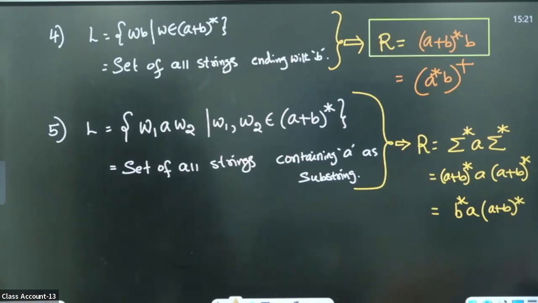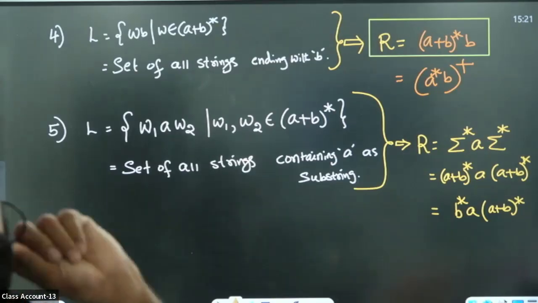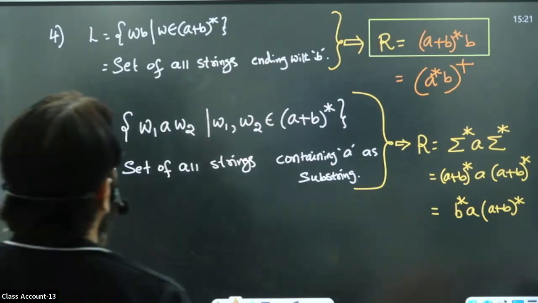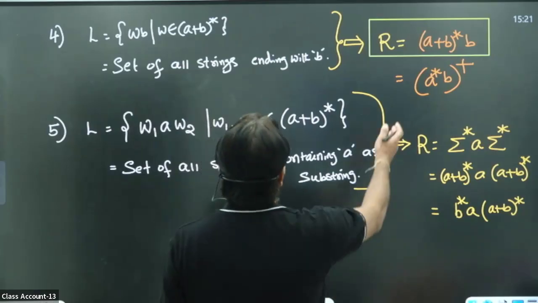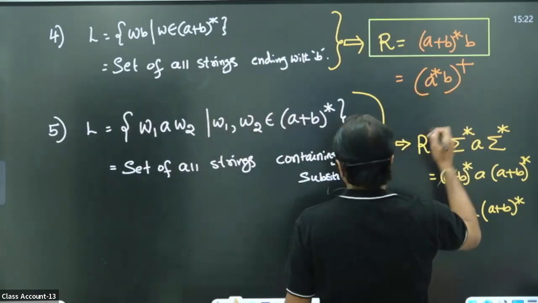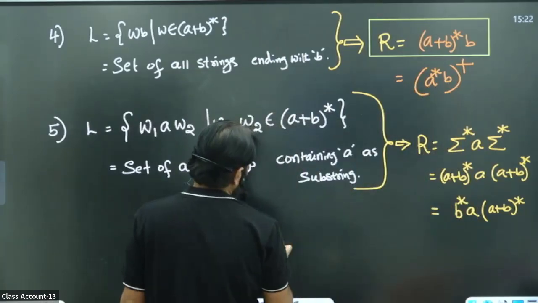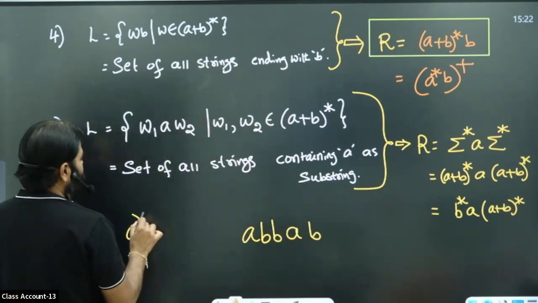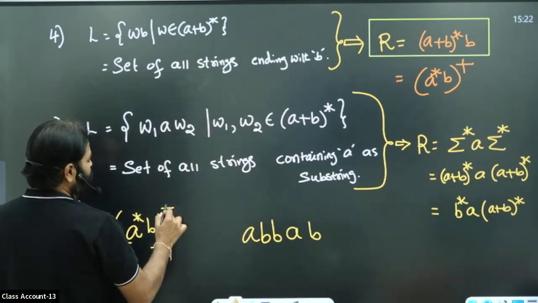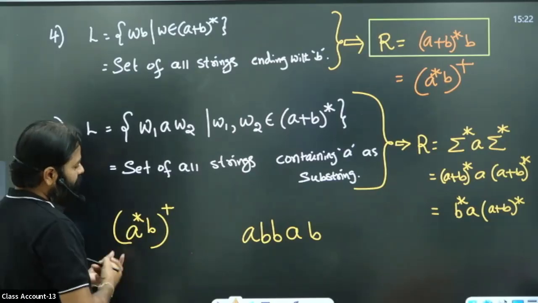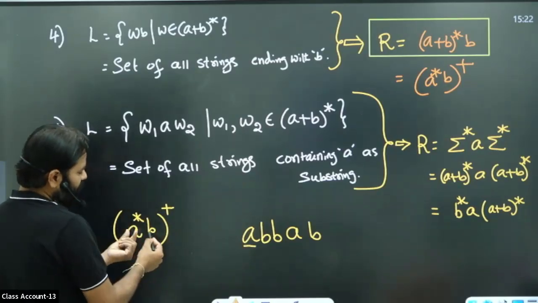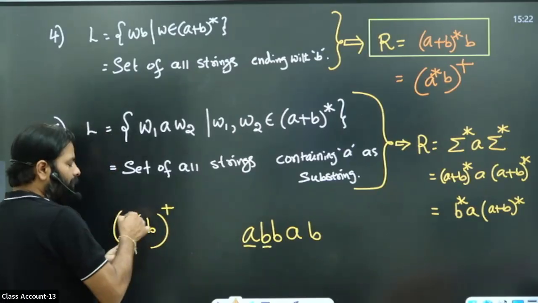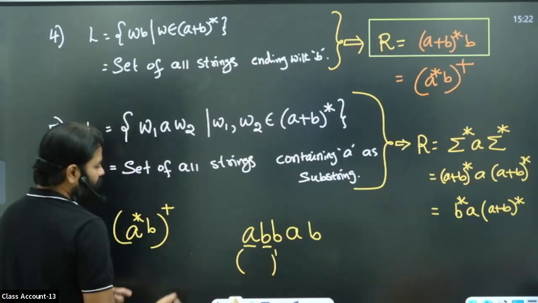Good question, Rahul. Let me explain. A, B, B, A, B. How do you get this string? Very simple. A star B whole plus is there. Now I can repeat any number of times, right? First I will generate A. Then this B I'll generate. I'll come again, that means one time I'll take here and I'll come again.